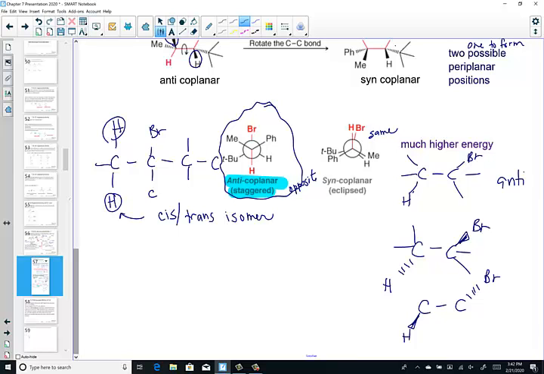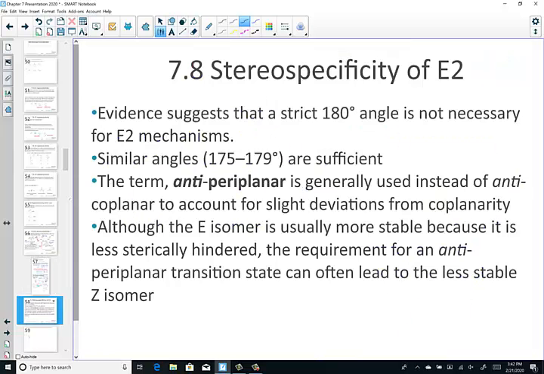So we're just saying that evidence suggests that the strict 180-degree angle, the opposite side, is not truly necessary, but just almost 180. So between 175 and 179 bond angles are sufficient. That's why the term anti-periplanar is generally used instead of anti-coplanar. They have to be opposites of one another.